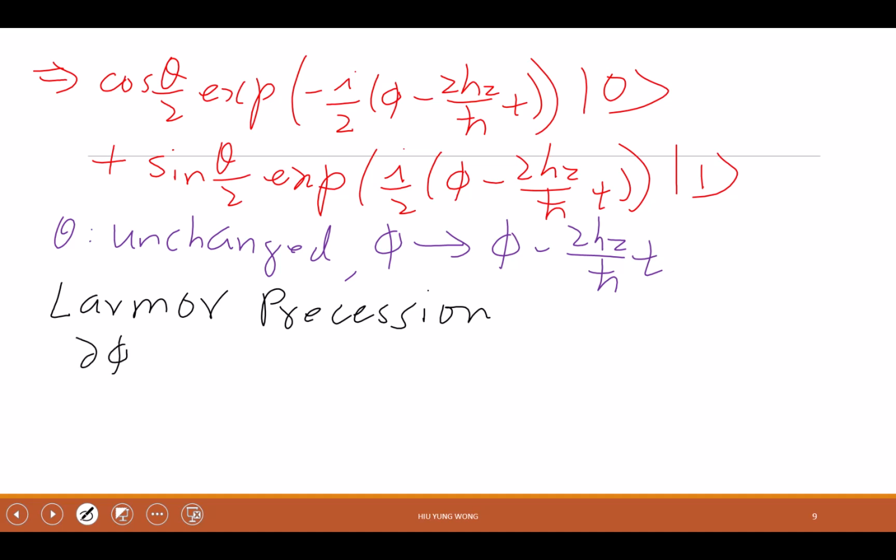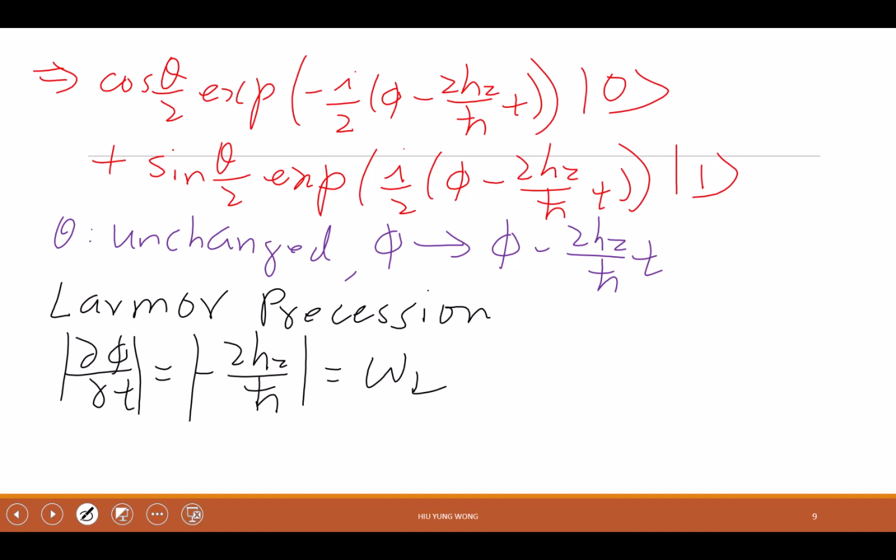Partial phi, partial t equals negative 2 h_z divided by h bar. And we only take the magnitude because it's rotating clockwise. That's why it's negative. It gives us something called the Larmor precession frequency. It tells us how fast it rotates on the Bloch sphere.